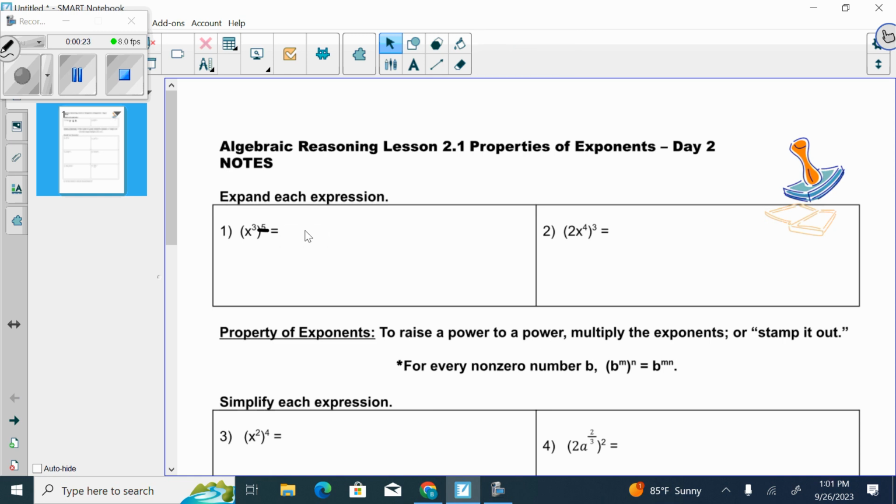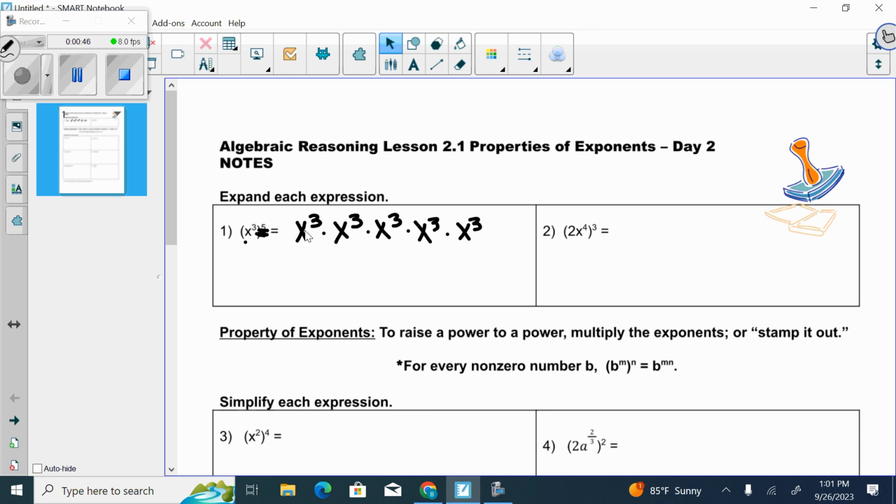So instead of expanding like x times x times x, we already know that that's what x to the third means. But I'm supposed to have x to the third how many times? 5 times. 5 times, very good. Correct.